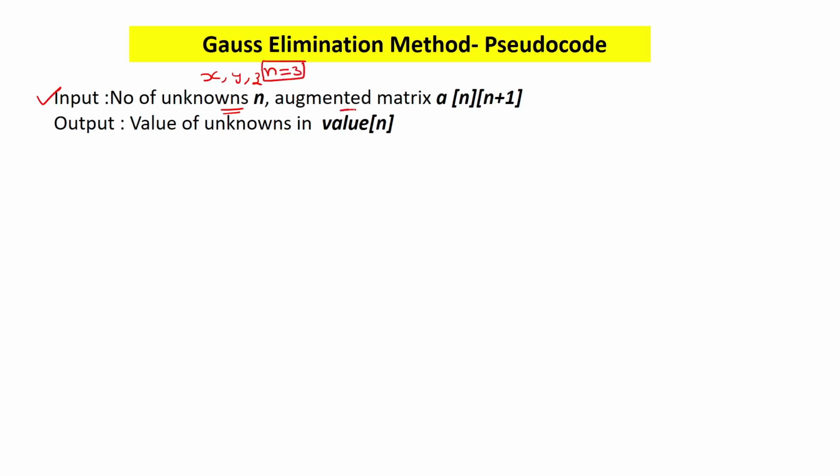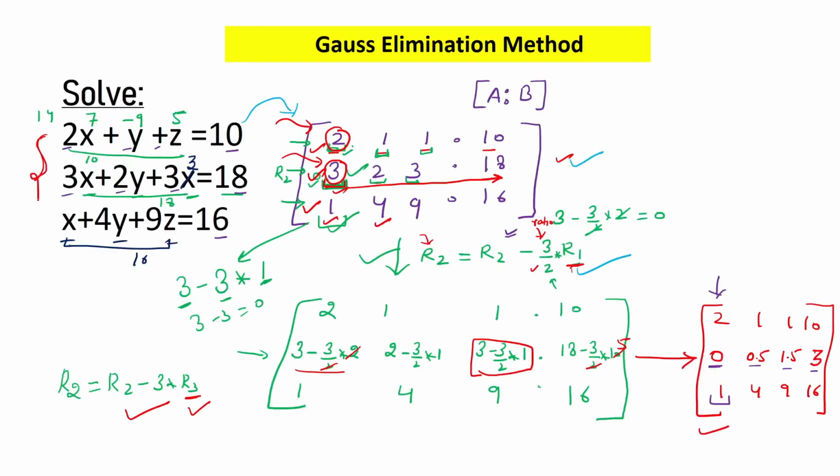The second thing is we have to enter the augmented matrix. What does it mean, and why have we taken the size of this matrix as n plus 1? As you know, you have to solve these linear equations, so how will you enter these equations in your program? In programming, you have to store all these equations in a data structure.